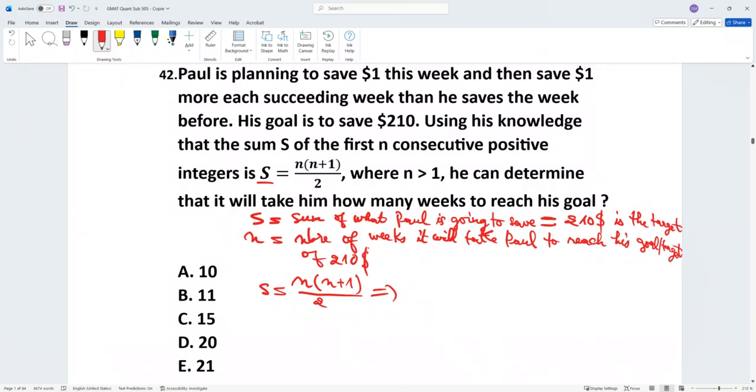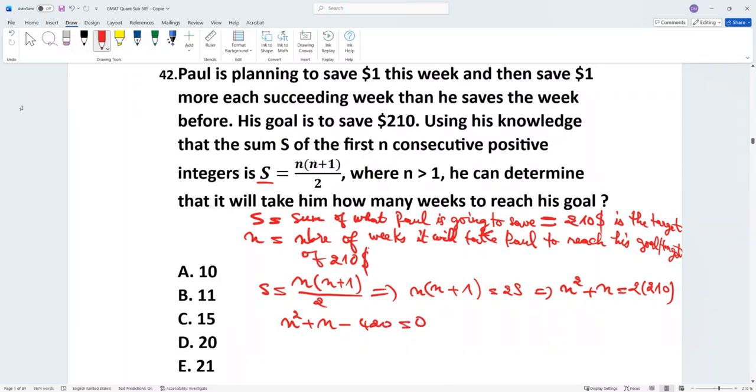So this will give us n times (n plus 1) equal to 2S, and we will have n squared plus n equal to 2 times 210, and this will be n squared plus n minus 420, which is equal to 0.